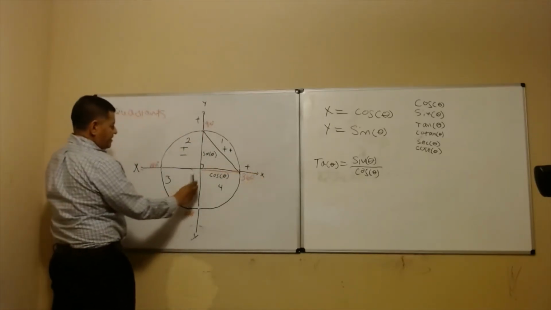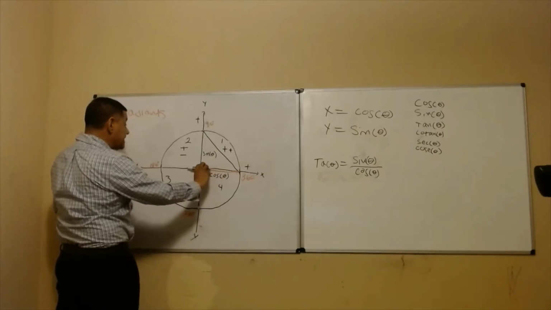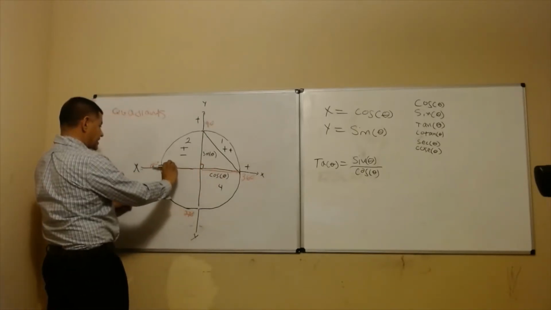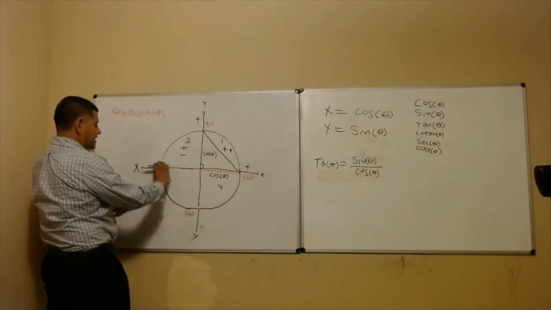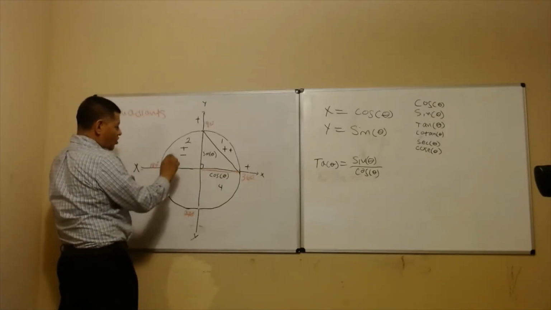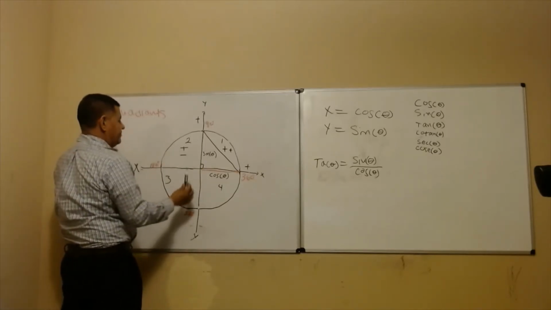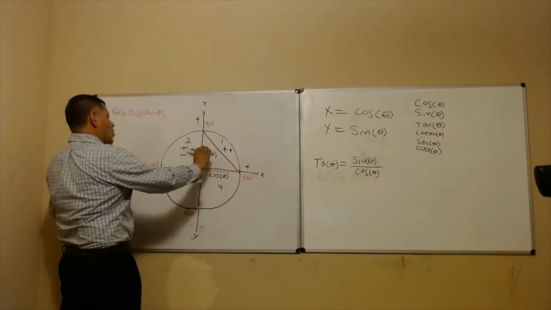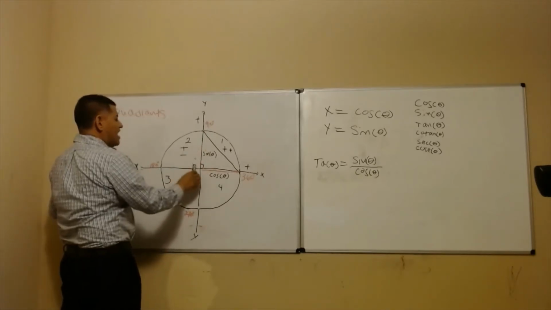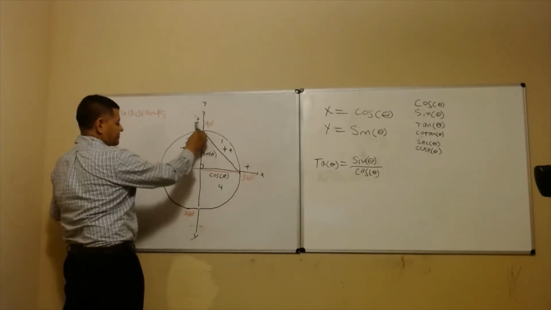Here, x is negative, so cosine is negative. Sine is positive because y is positive.